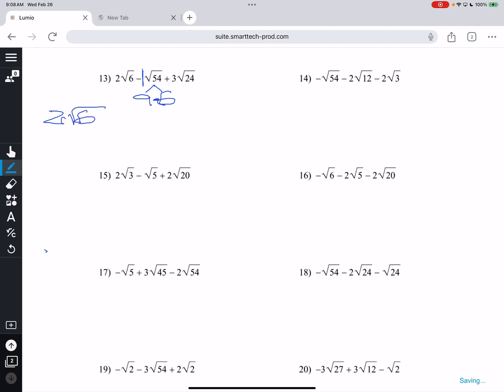And it's going to be multiplied by the negative 1, so minus 3 radical 6. And then the 24 is going to be 6 times 4. What is the 4 going to come out as? A 2. So plus 6 radical 6. So what's the final answer? 5 radical 6.